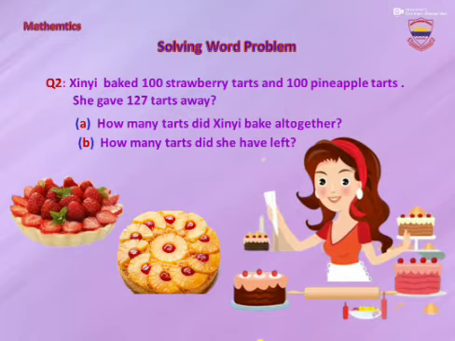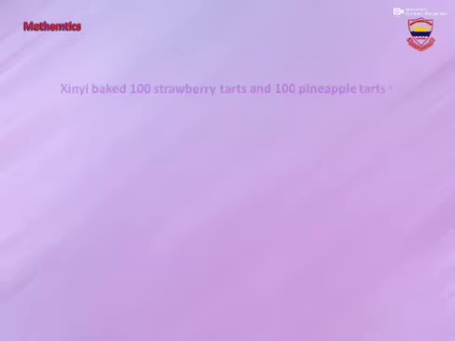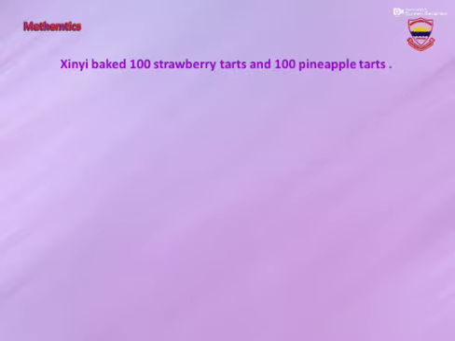When we read the statement keenly, then we are able to understand what we have to find out. Look at Zini and her tarts. Read the statement again. Zini baked 100 strawberry tarts and 100 pineapple tarts.